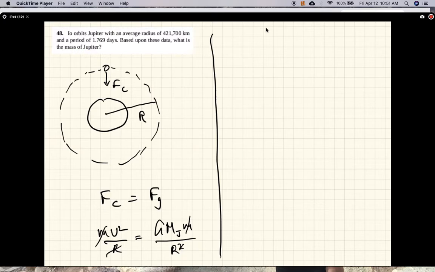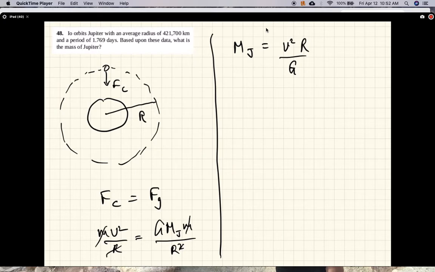We are trying to find the mass of Jupiter. So the mass of Jupiter is equal to v squared r divided by G. We can find v from the period and the radius, which is given, and G is known, so we should be able to calculate the mass of Jupiter.